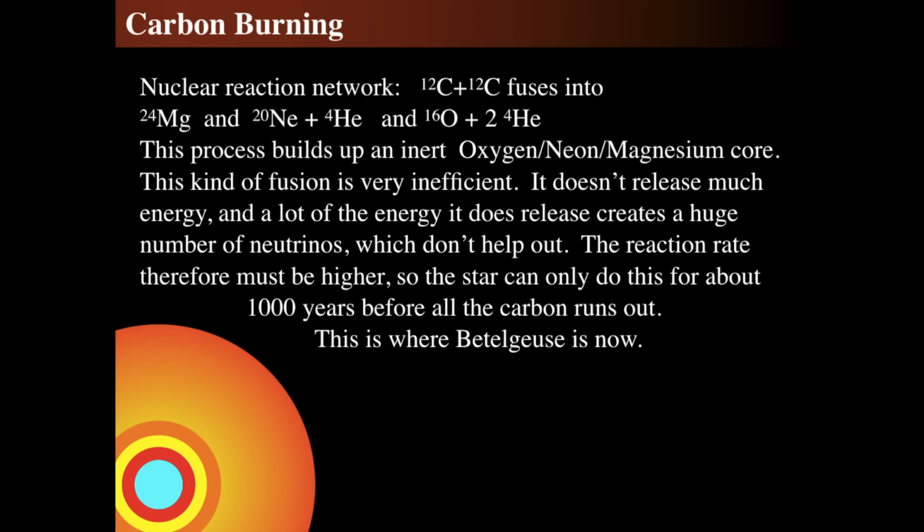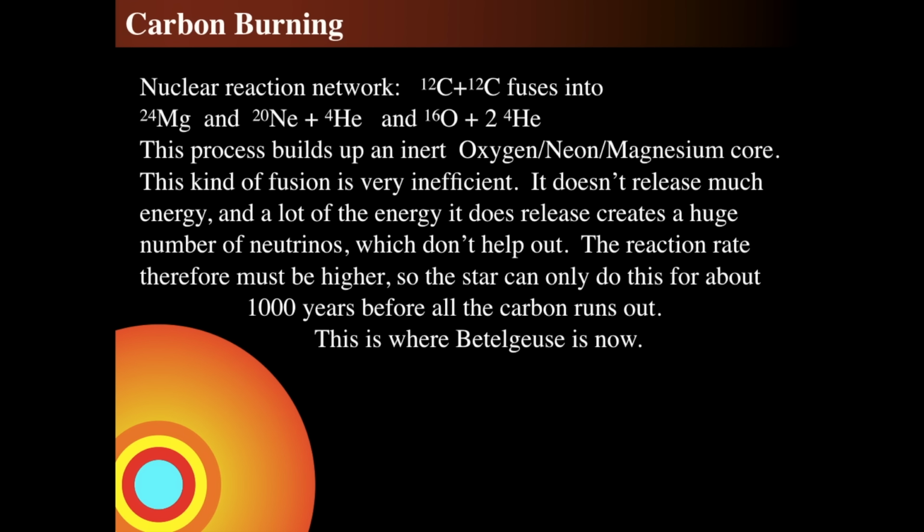Now, the oxygen-neon-magnesium core is also inert because it's not hot enough to fuse oxygen into anything heavier. So carbon-12 plus carbon-12 fusion creates the products magnesium, or neon and helium, or oxygen and helium. Those are its byproducts when carbon-12 smacks into another carbon-12.